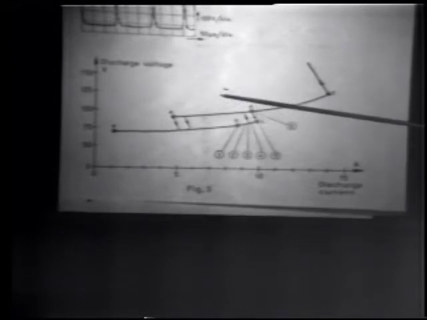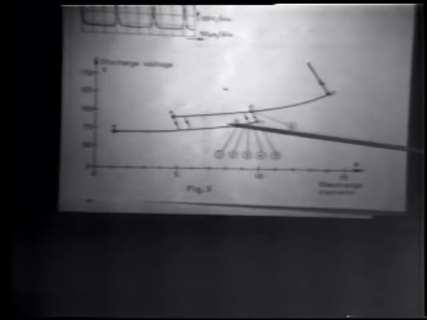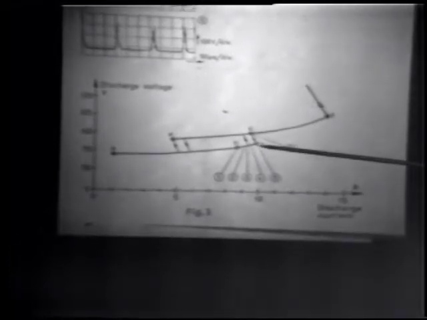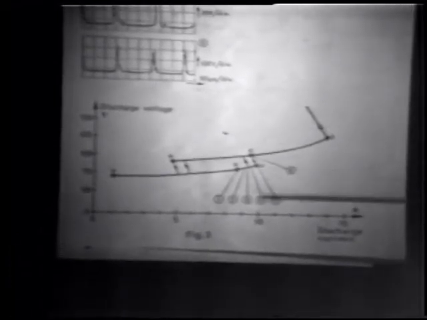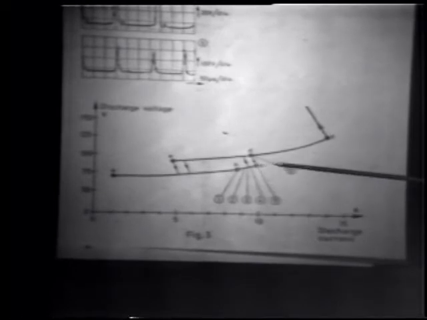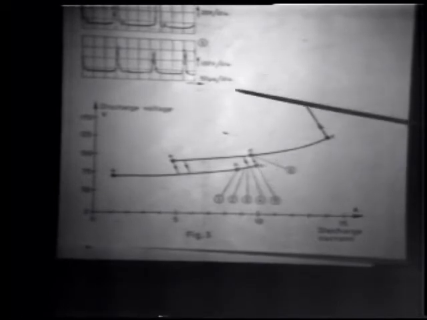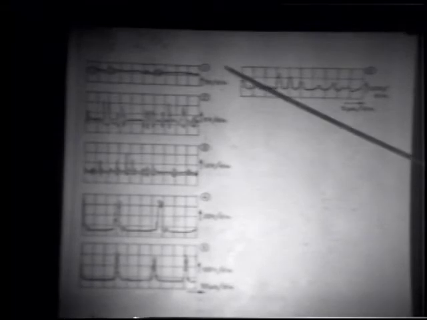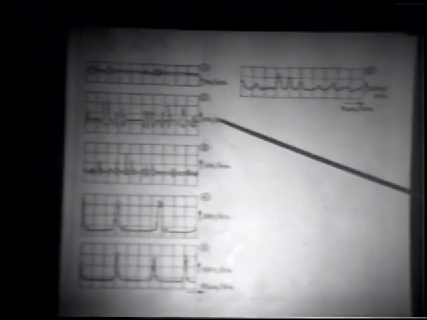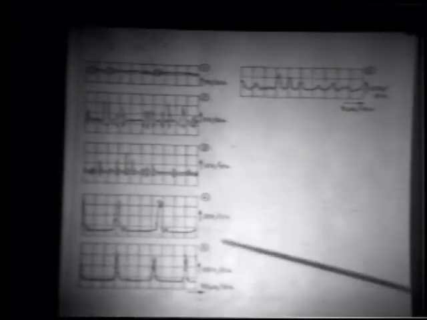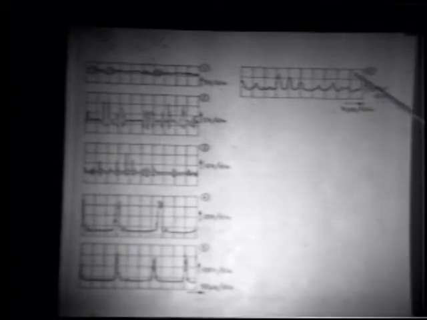These fluctuations are of the order of a volt approximately, the amplitude of these fluctuations. But once you get to this position of the order of 10 amperes here, the fluctuations increase quite a bit. These fluctuations are shown here with different scales: 1 volt per division, 5 volts, 10 volts, 20, 100 volts per division, corresponding to these various points on the characteristic here.